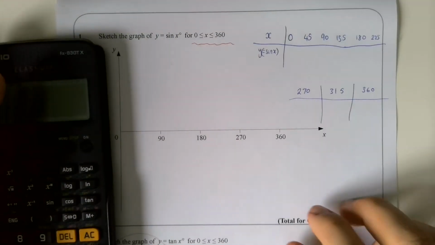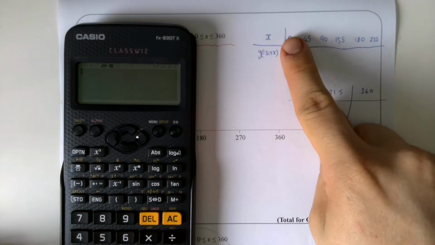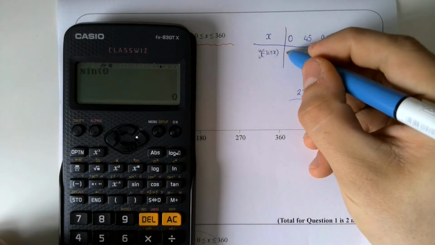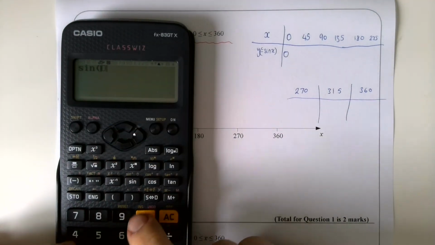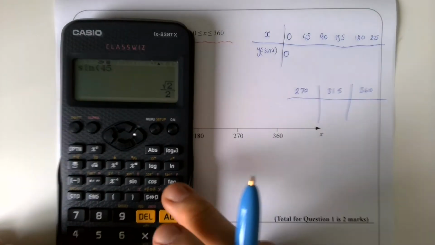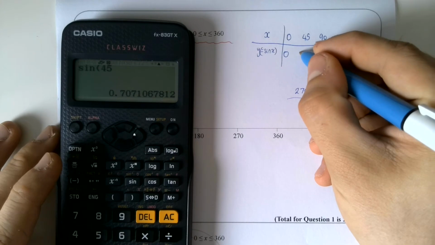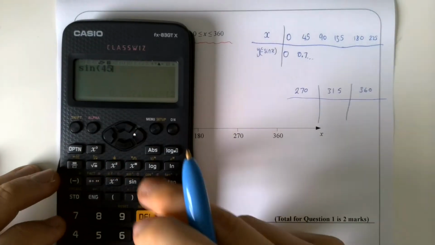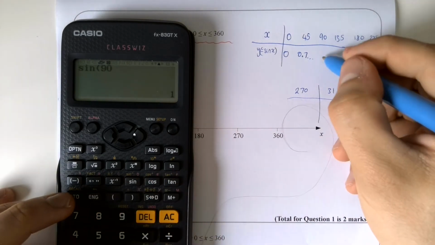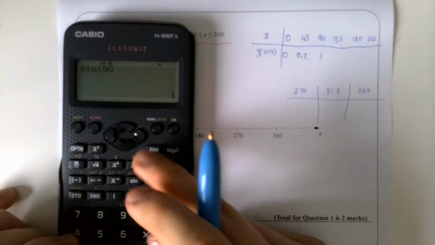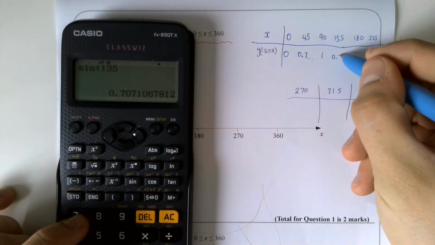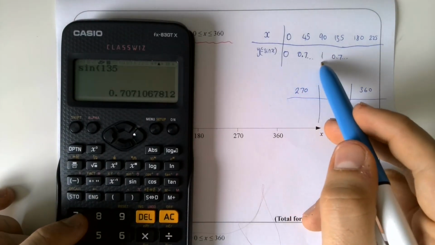All I'm going to do is get my calculator and type in sine of 0. Sine 0 is 0. Sine 45 is root 2 over 2, so about 0.7-ish. Sine 90 is 1. Sine 135 is again 0.7-ish. You can see that symmetry emerging.